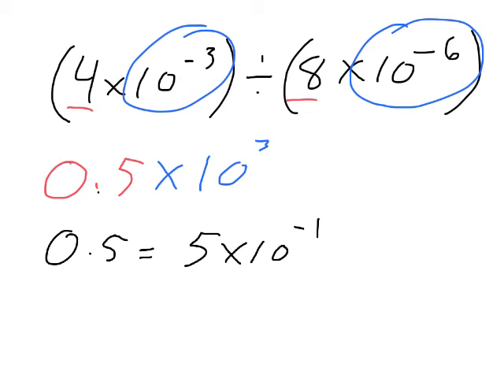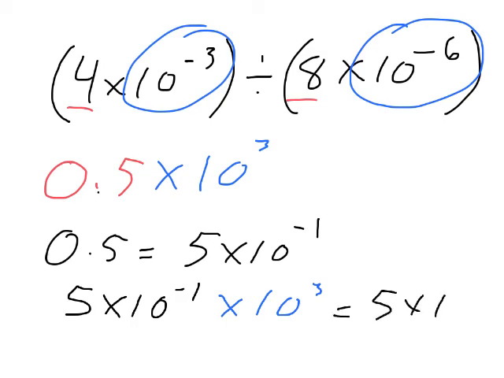So I could have rewritten this first statement as 5 times 10 to the negative first times 10 to the third, which is 5 times 10 to the second power, because negative 1 plus 3 is 2. So that's another way of thinking about it. I like to just look at it as this has to get 1 place value bigger, so this has to get 1 place value smaller to maintain the same value.